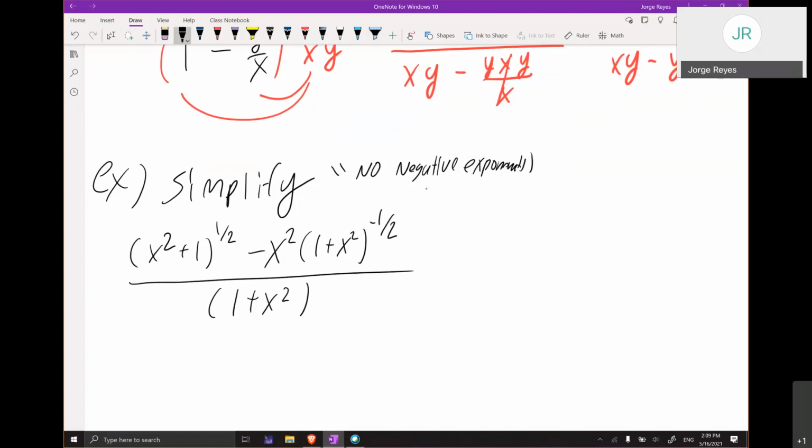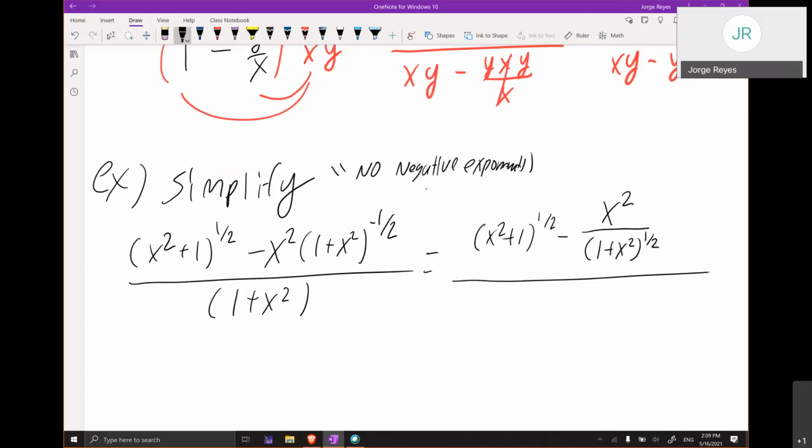And so if we deal with this negative exponent, we actually have x squared plus 1 to the 1/2 minus. Remember that negative exponents just mean flip. So x squared over 1 plus x squared to the positive 1/2, all over this thing.